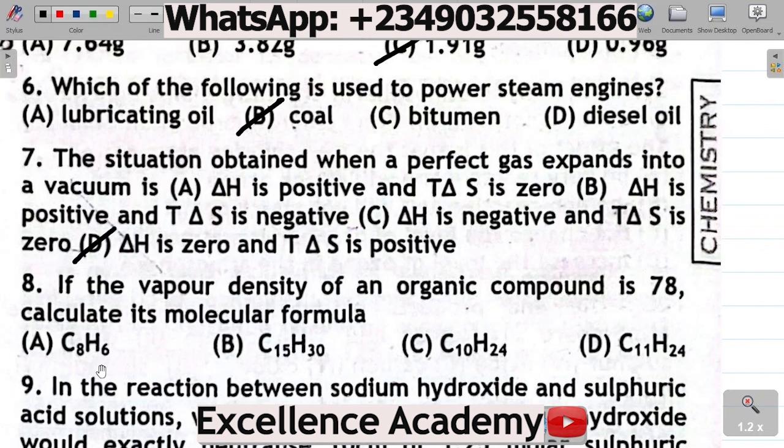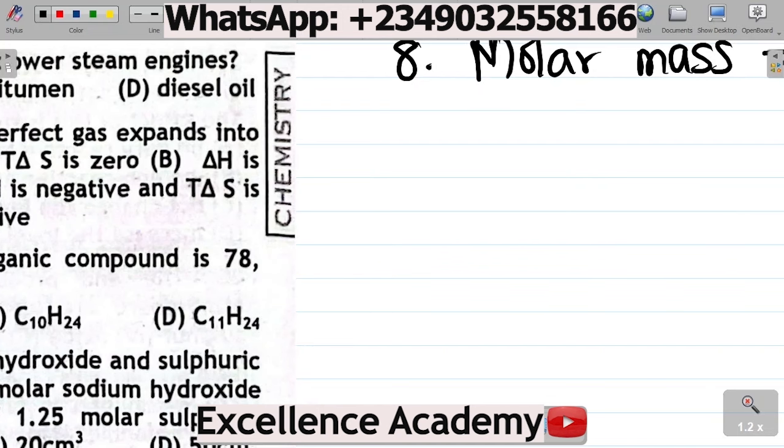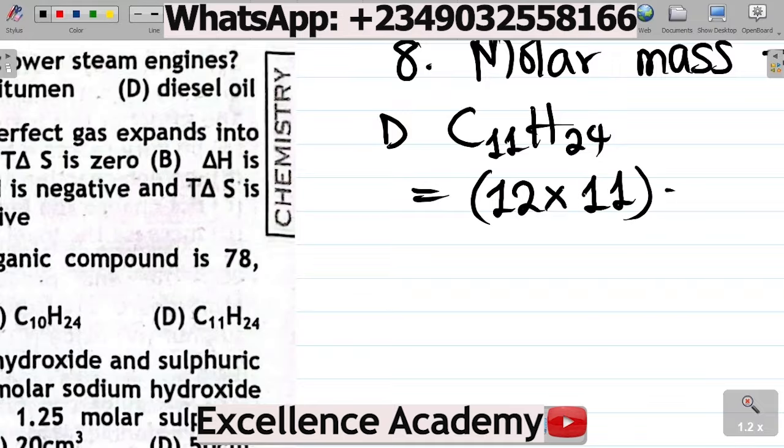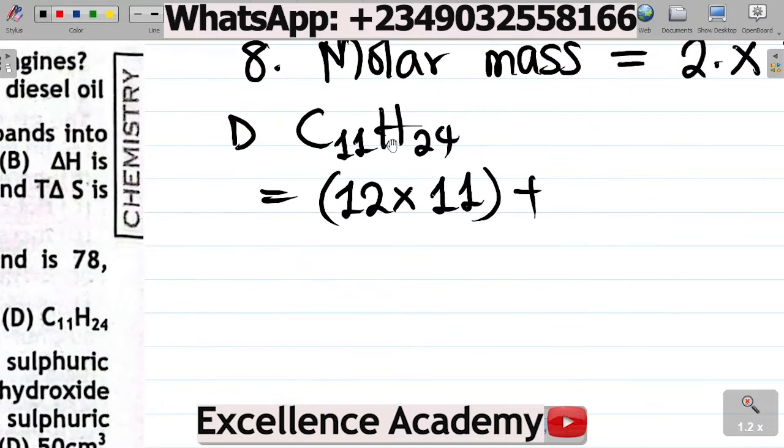Let's start with any one random. Let's move from D to C, then B and A. For D, you have C11H24. For carbon, the atomic mass is 12, so 12 times 11, plus, for hydrogen, the atomic mass is 1, that becomes 1 times 24.